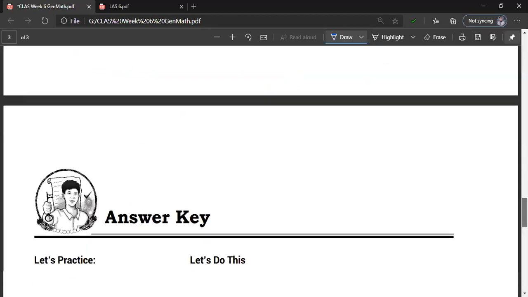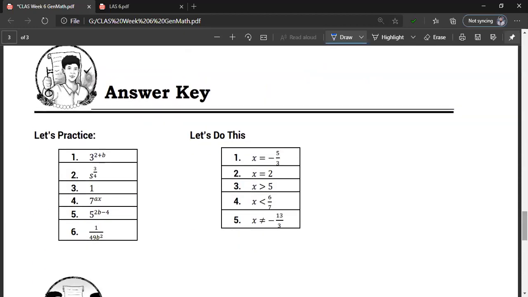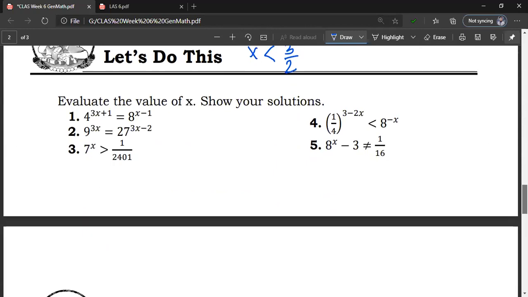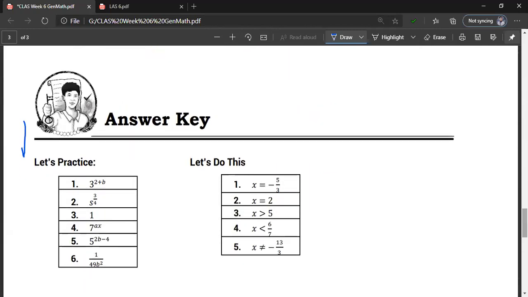Kasi at the end of our material or activity sheet, or learning activity sheet, meron tayong answer key, pero dun lang sa let's practice saka sa let's do this. Ngayon po, class, anong gagawin nyo dito sa let's do this? O sige, solve ninyo and then check nyo kung tama yung answer ninyo. Okay?